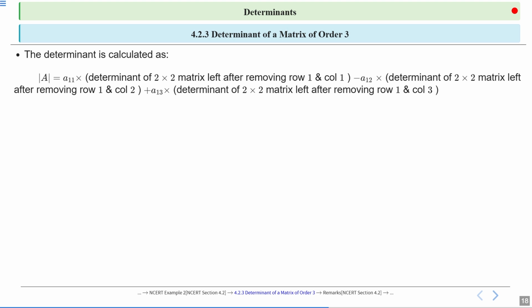And when we expand along any column, take that first element and multiply by the determinant of the matrix that comes after removing that element's row and column. Okay.